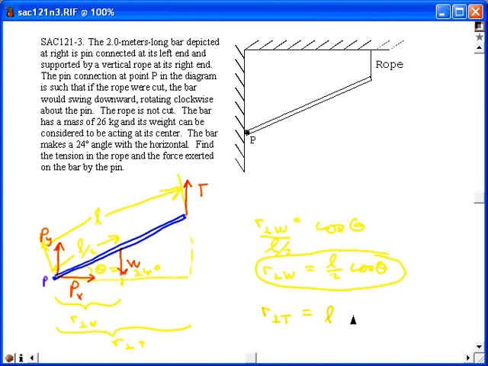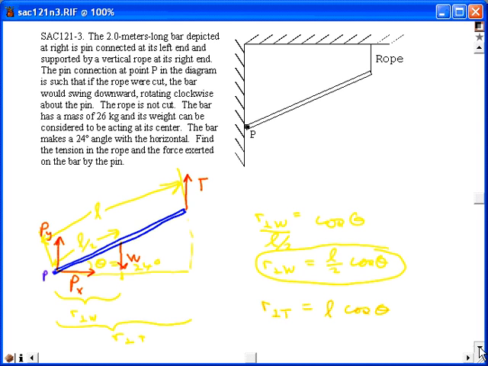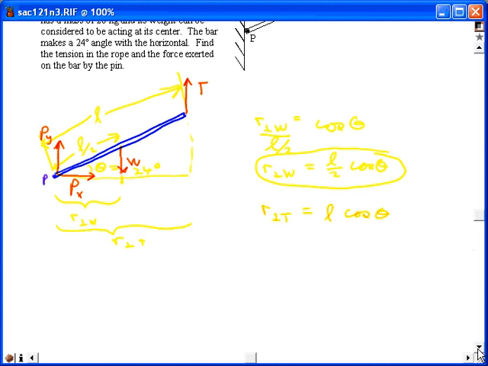Multiplying both sides by L, I get r perp for the tension is L times the cosine of theta. Okay, I think I'm ready to start summing forces and torques.